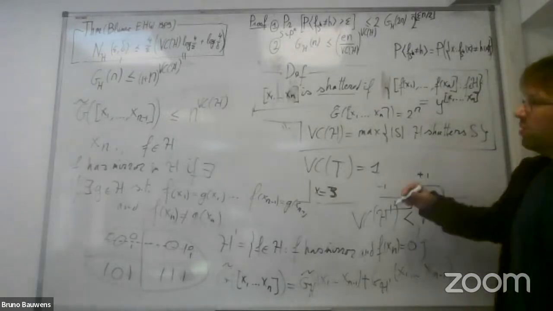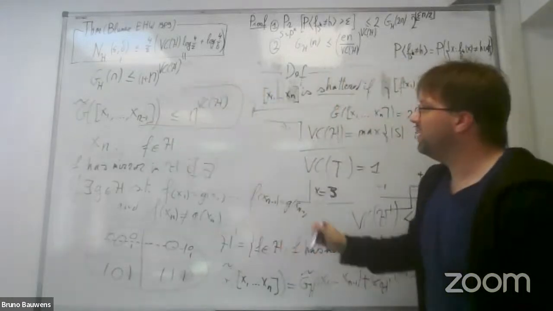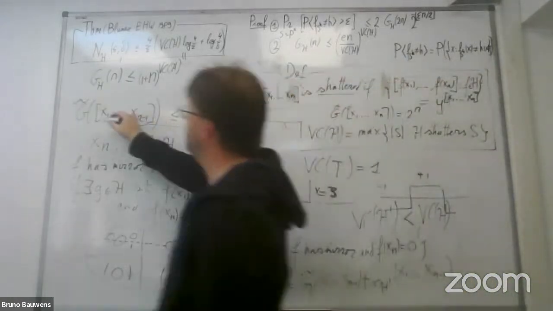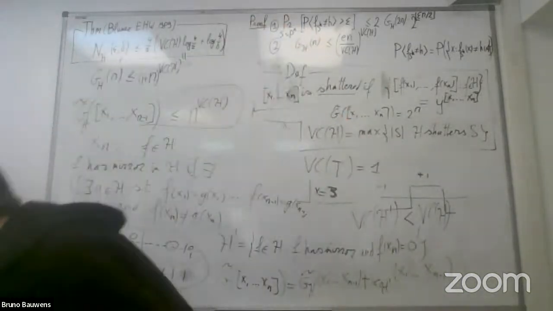And now let us look at what happens to our bound. So we know this thing, and we know for H prime we have the same, but with VC dimension 1 smaller.